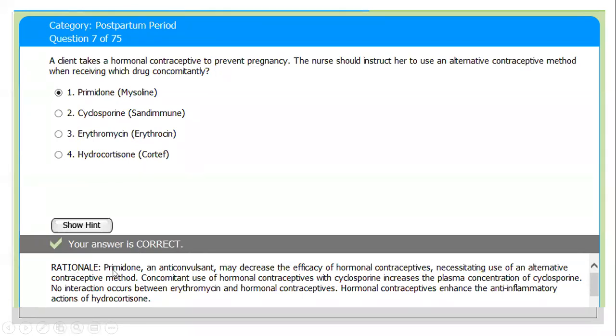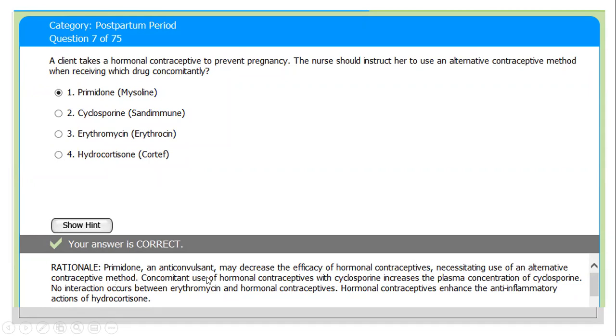Rationale said the primidone, an anticonvulsant, may decrease the efficiency of hormonal contraceptives, so it is necessary to use an alternative contraceptive method.